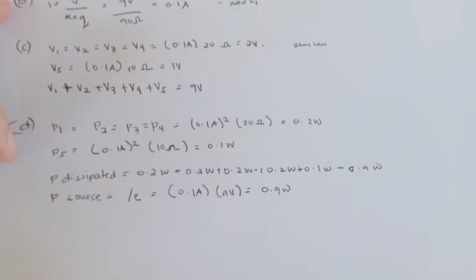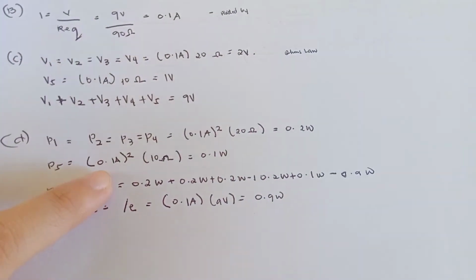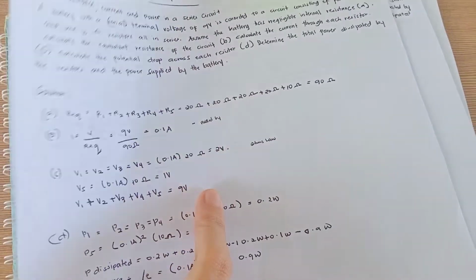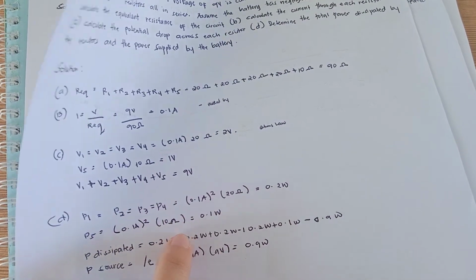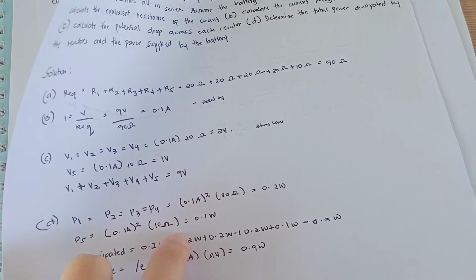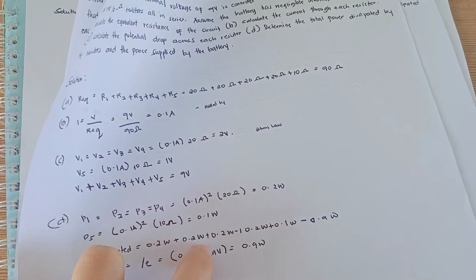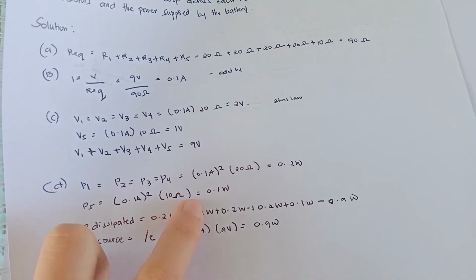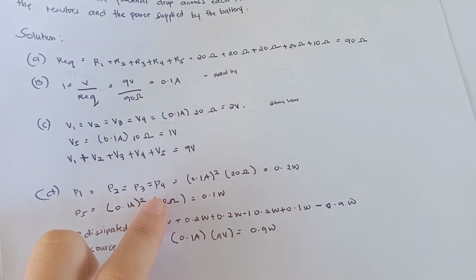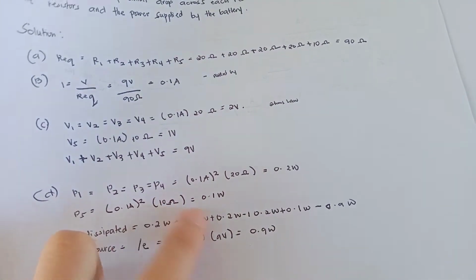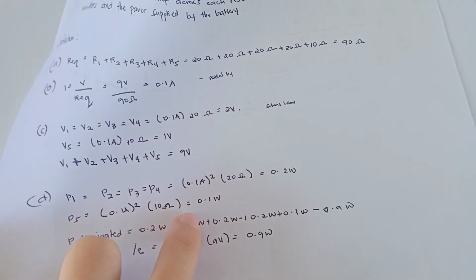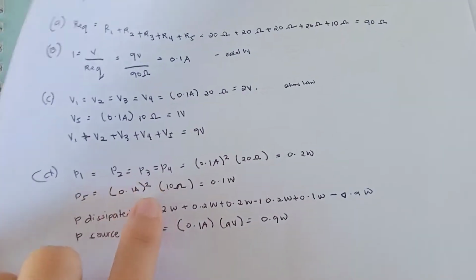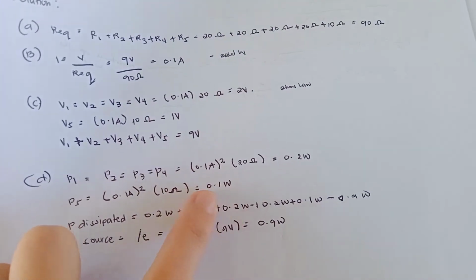And for P5, it is 0.1A squared times 10 ohms, which equals 0.1W.